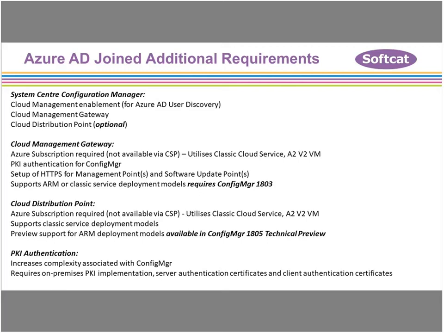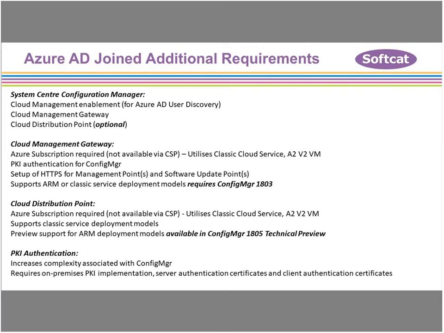In terms of PKI authentication into Config Manager, this is a relatively complex task. It of course requires a PKI implementation internally so that you can deploy client authentication certificates to your workstations and also server authentication certificates to your servers.